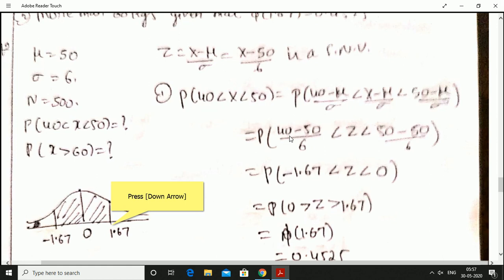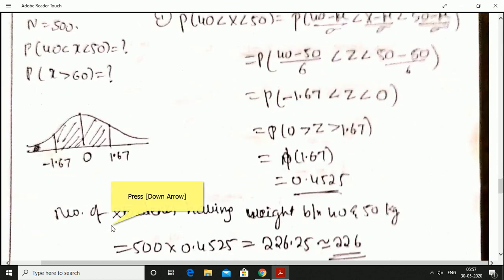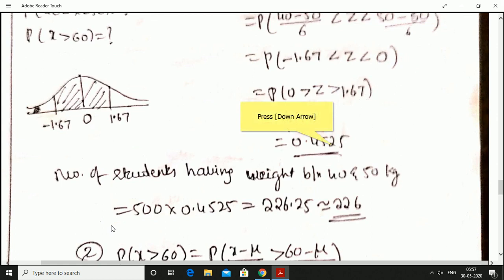Okay, so minus 1.67 to 0 we require. This area is the same as the area from 0 to 1.67, which is phi of 1.67. In the problem itself they have given the phi of 1.67 value as 0.4525, or else you can check it from the normal table.